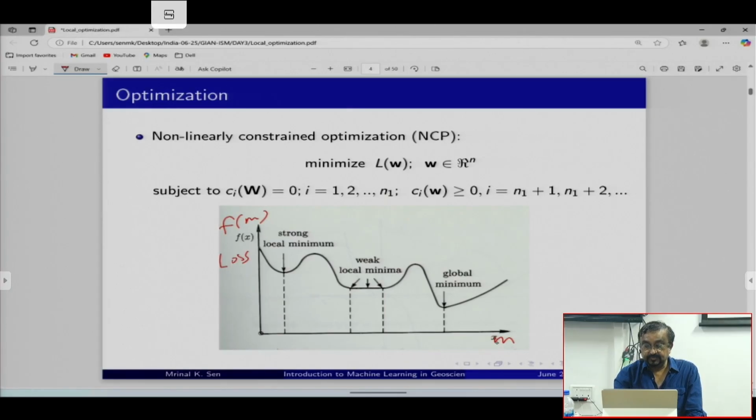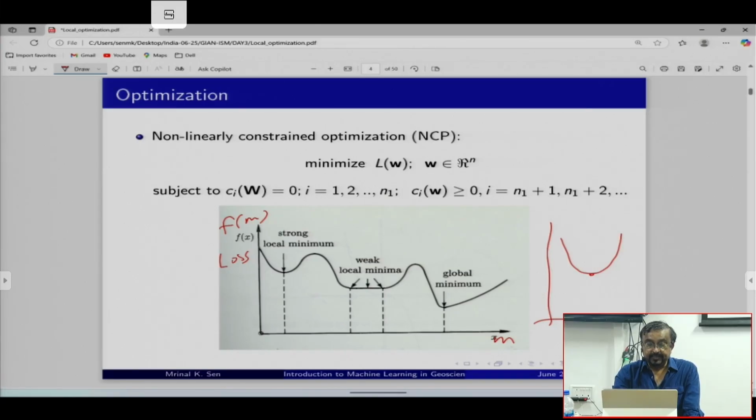As you change the m, the error changes from high to low, then again high, then low, then high, then low, and so on, okay? You'd be lucky if this error function was more like this, so that there is only one well-defined minimum. But in the real world, for a nonlinear problem, your loss function is multimodal. It has multiple peaks and troughs, okay?